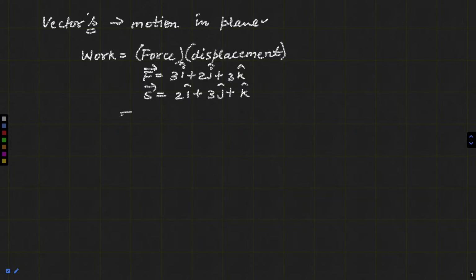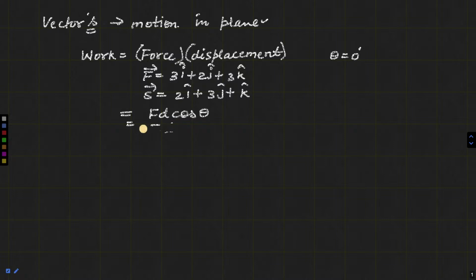So the formula is F into D, and here we consider the angle is 0 degree. Theta is equal to 0 degree. So it will be FD cos theta, and cos 0 is 1.